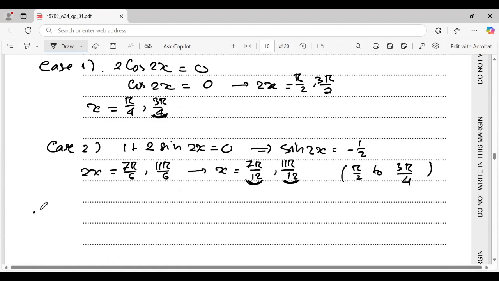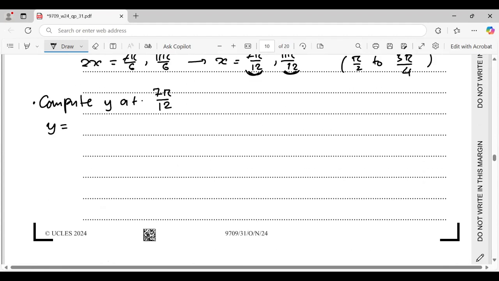And the next step, we are going to compute y at x equals 7 pi over 12. So y equals sin 2x plus sin squared 2x.